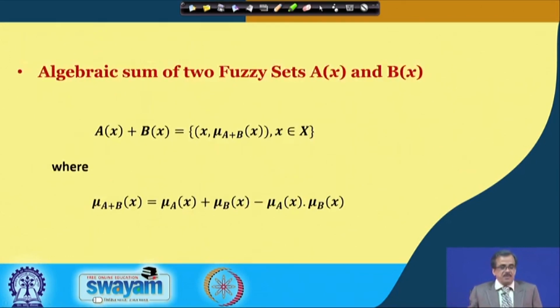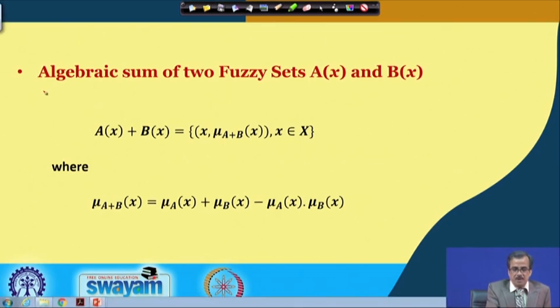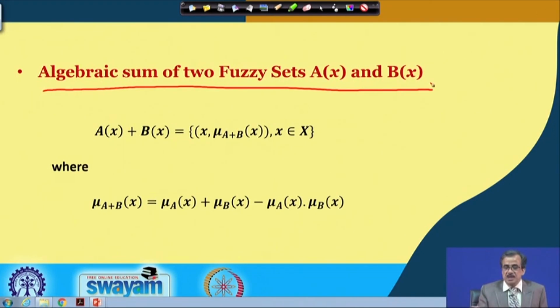Now, I am just going to find out how to find the algebraic sum of two fuzzy sets. Say I have got two fuzzy sets A(x) and B(x) defined in the same universe of discourse.